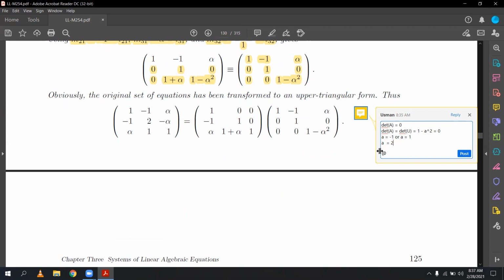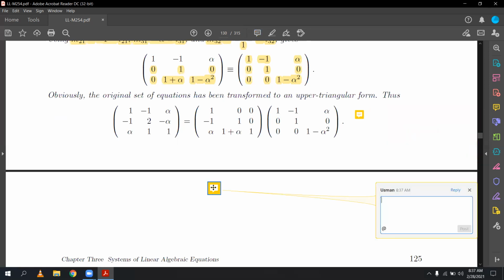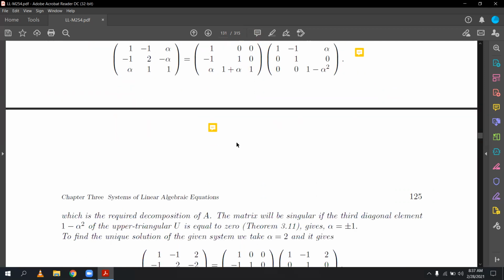And then we solve the system. How do we solve the system by LU decomposition? I told you: Ly equals B, and Ux equals Y. So this is your L, and this is your U. Now you have to change alpha to 2 here.